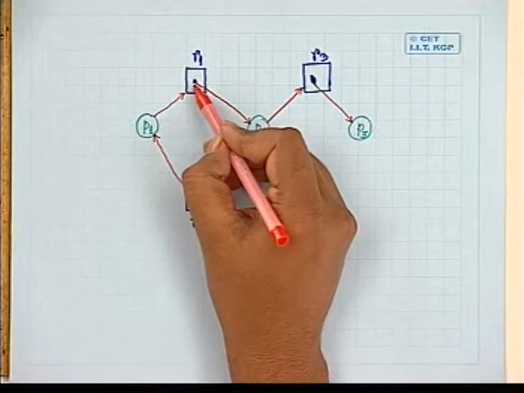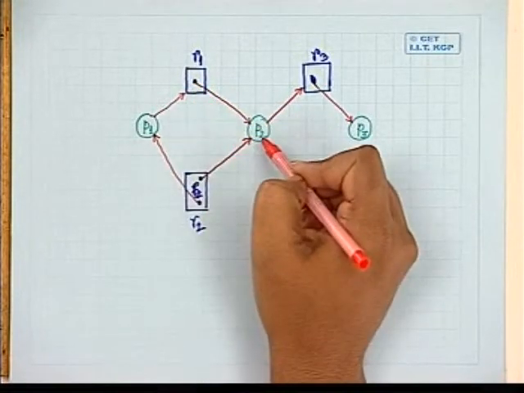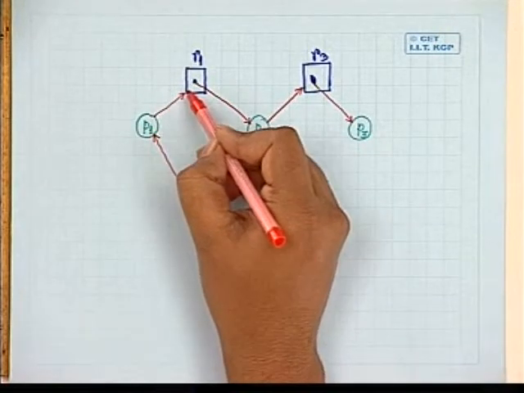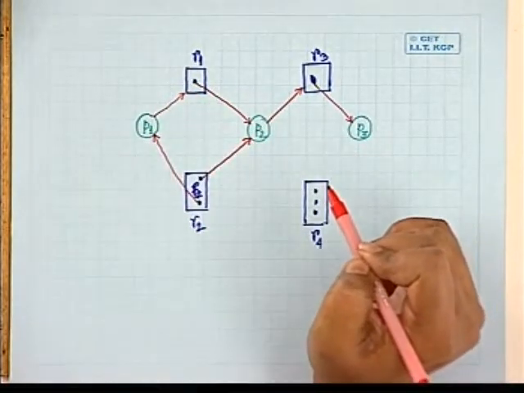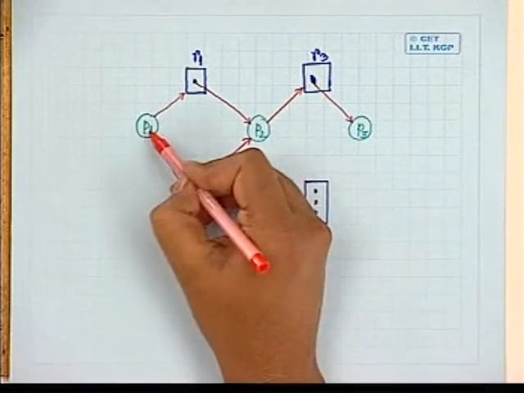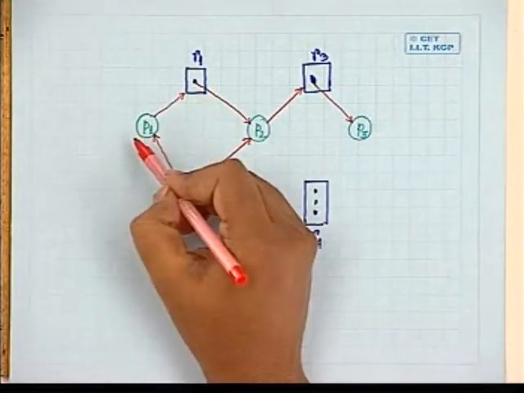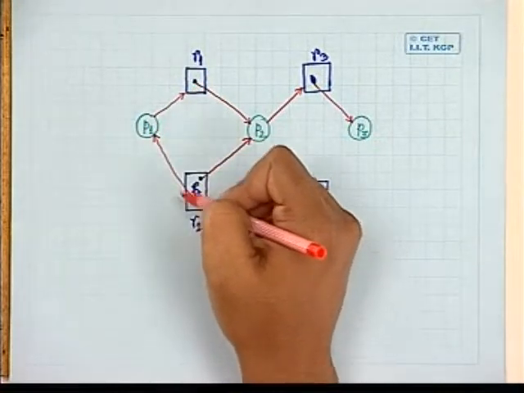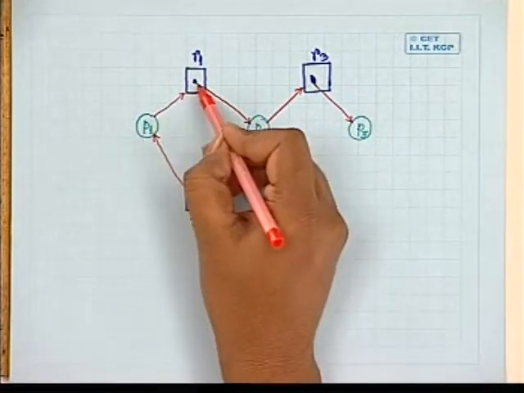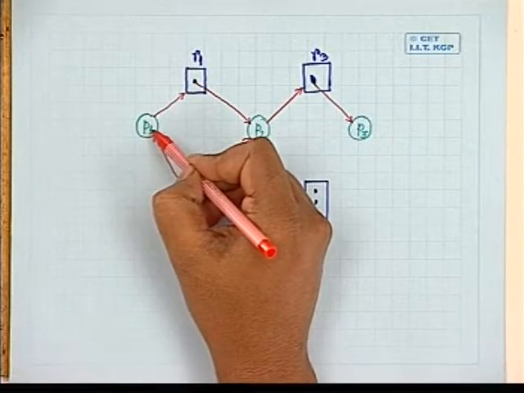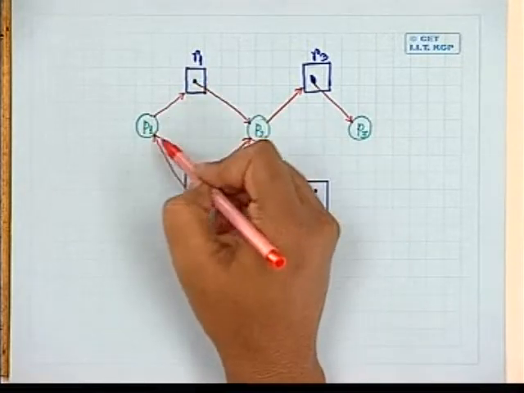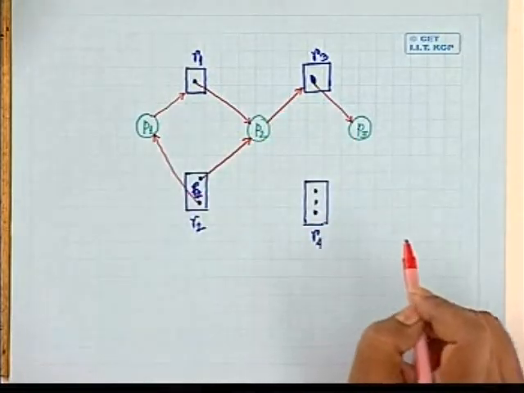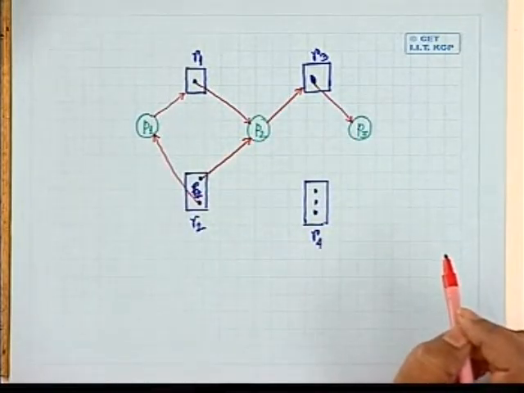When this instance of R1 is released by P2, it will be allocated to P1, so this request edge will be converted to an allocation edge. When P1 gets this instance of R1, P1 receives both the resources. It has already acquired R2 and it will acquire R1. On acquiring both these resources, P1 will also complete. So this particular situation does not lead to a deadlock.